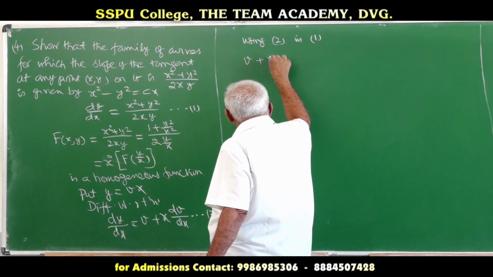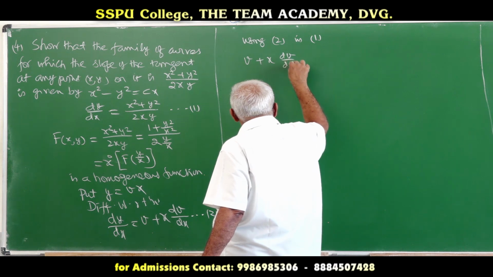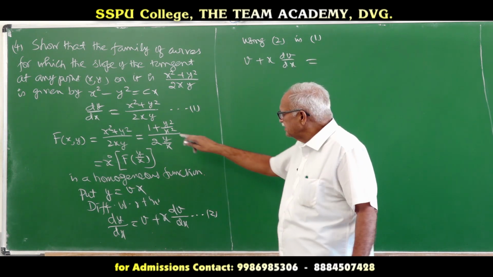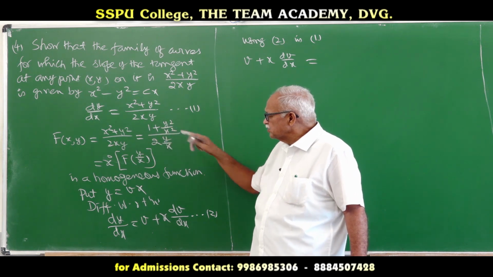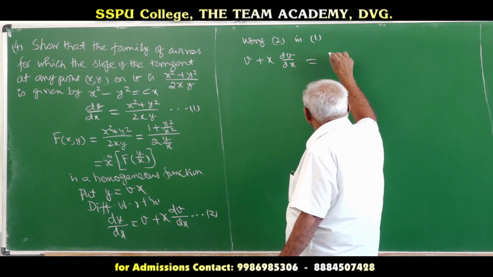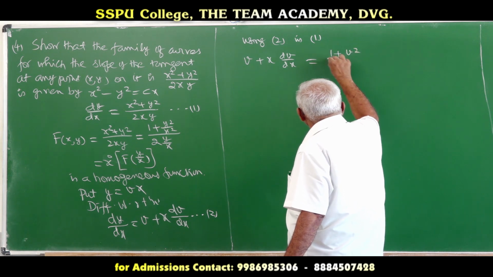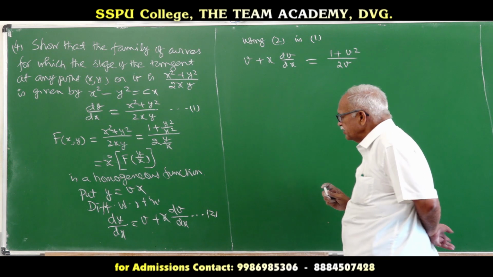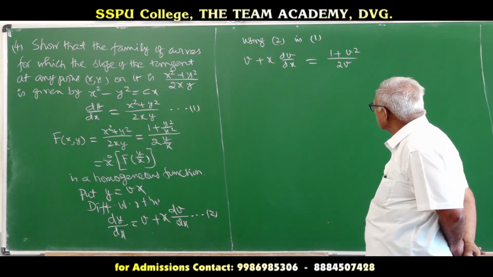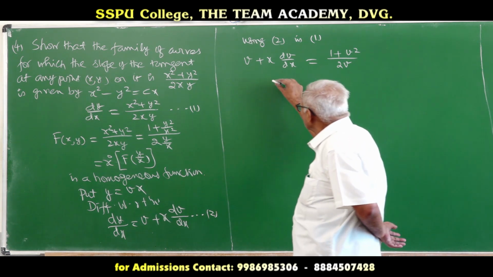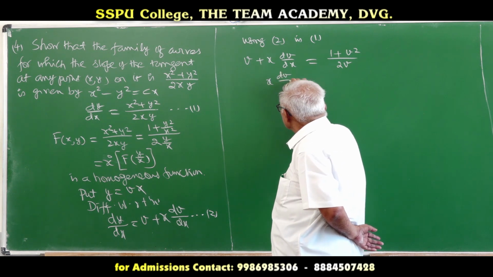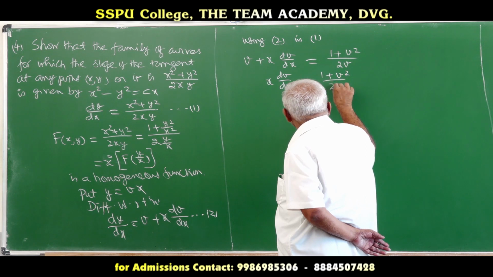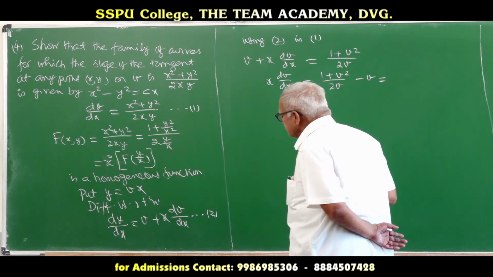v plus x dv by dx is equal to, you can see here, (1 plus v square) by 2 into v. Now, let us simplify this. x into dv by dx is equal to (1 plus v square) by 2v minus v.